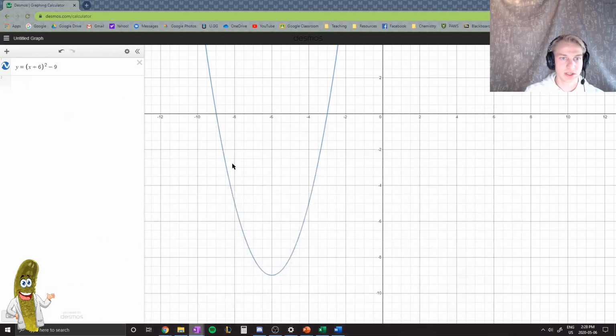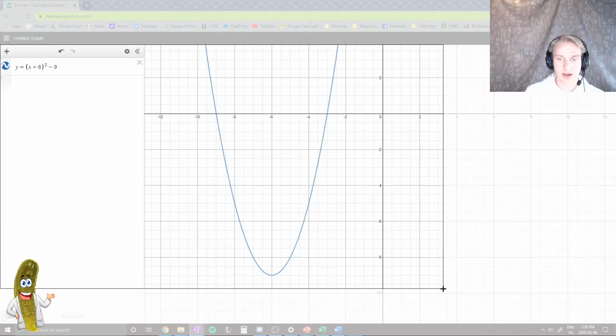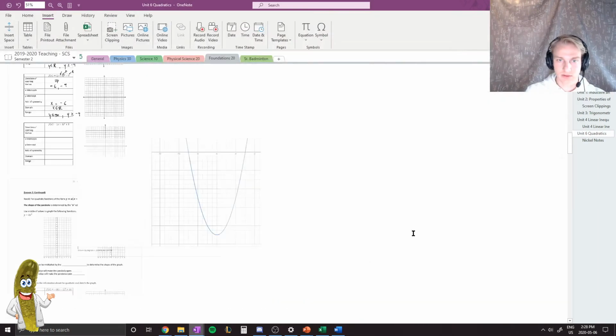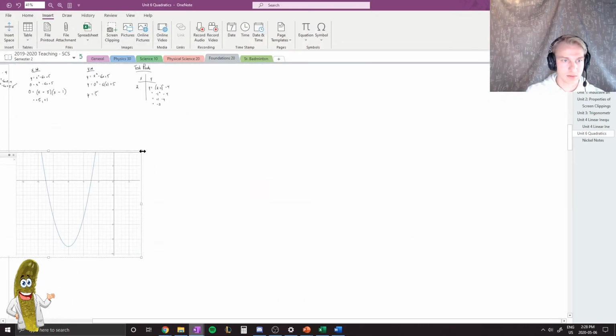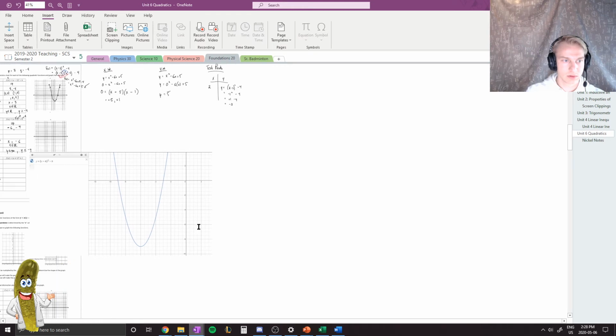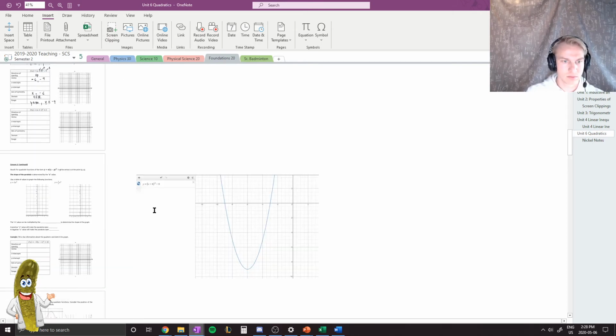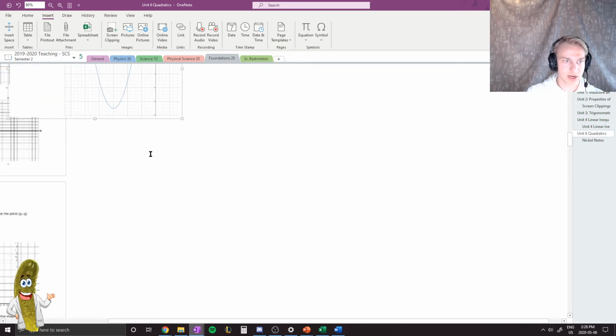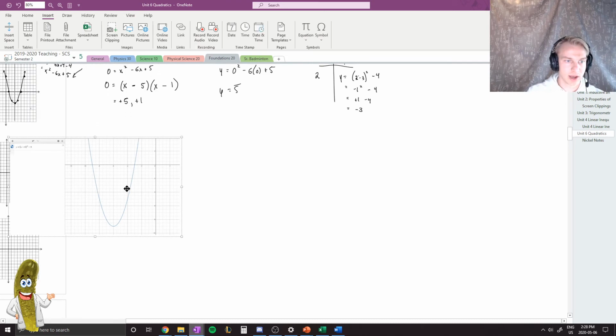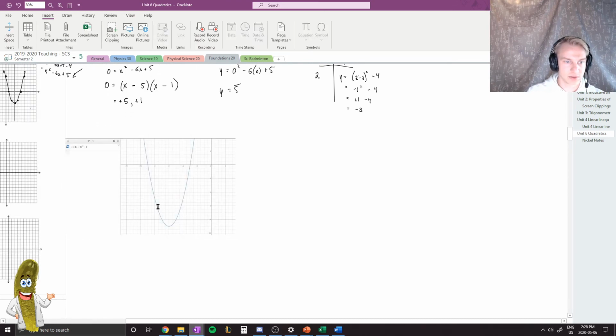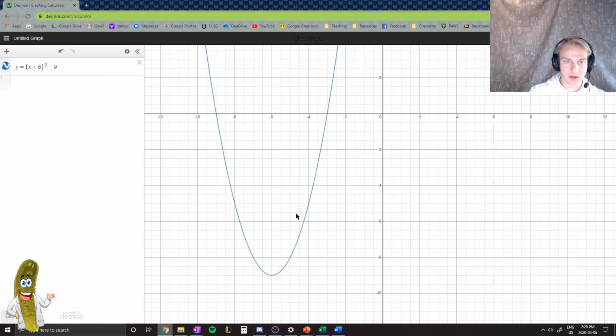I'm just going to insert a screen clipping real quick of this graph. Make it a bit smaller, and then we'll drag it up here so that you have the graph right beside the actual equation. Okay, so we would check our intercepts and our vertex.